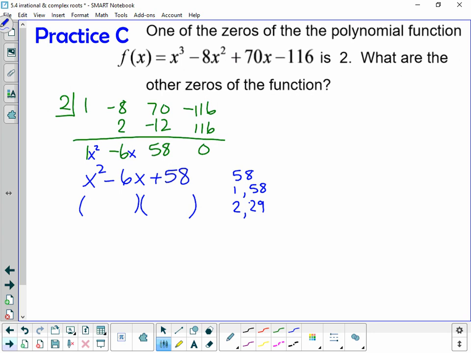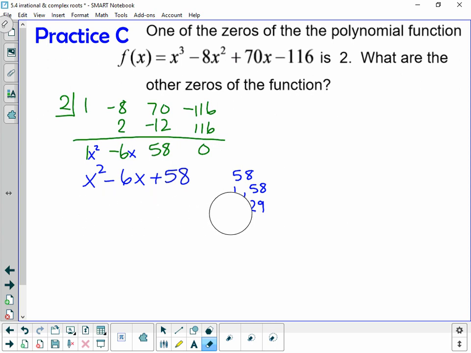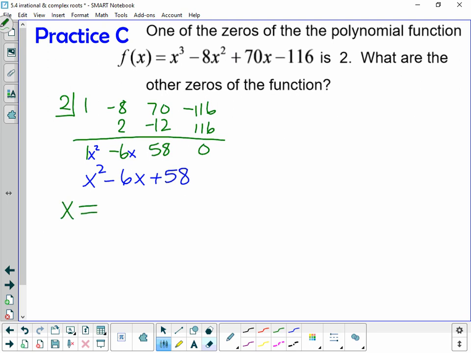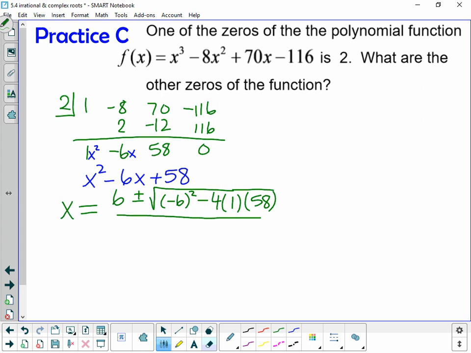So you can see that we're not going to be successful at factoring this with a middle term of -6. So we're going to have to use the quadratic formula. X equals -b, -6 is +6, plus or minus the square root. Be careful when you have a -b to get it in parentheses. b squared minus 4 times a times c, and that's all divided by 2 times a.